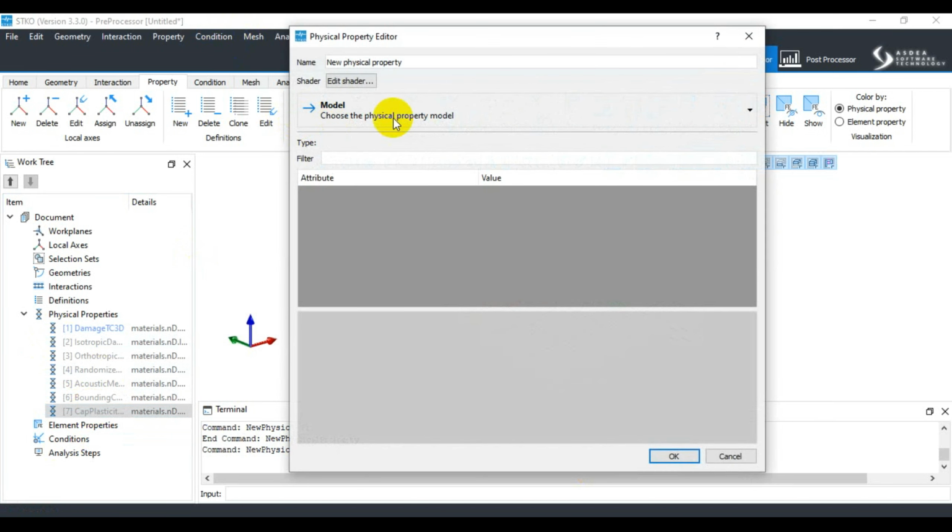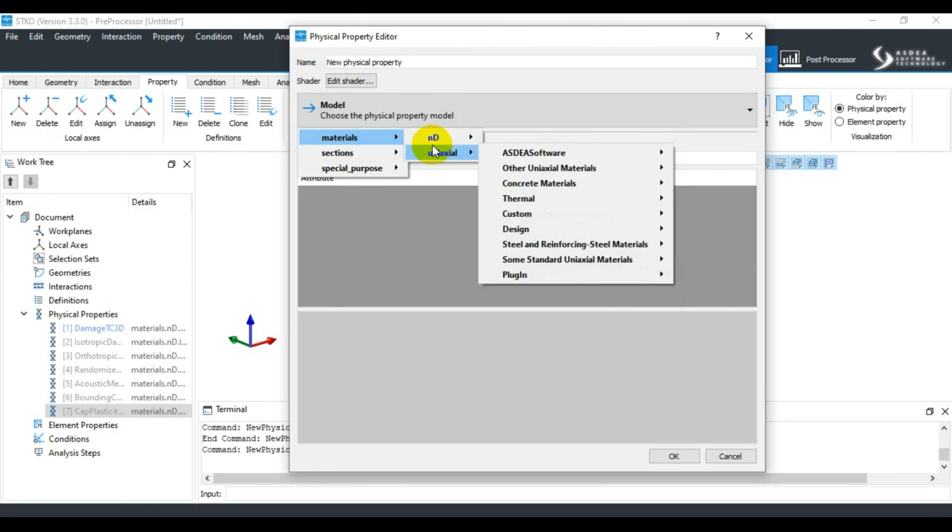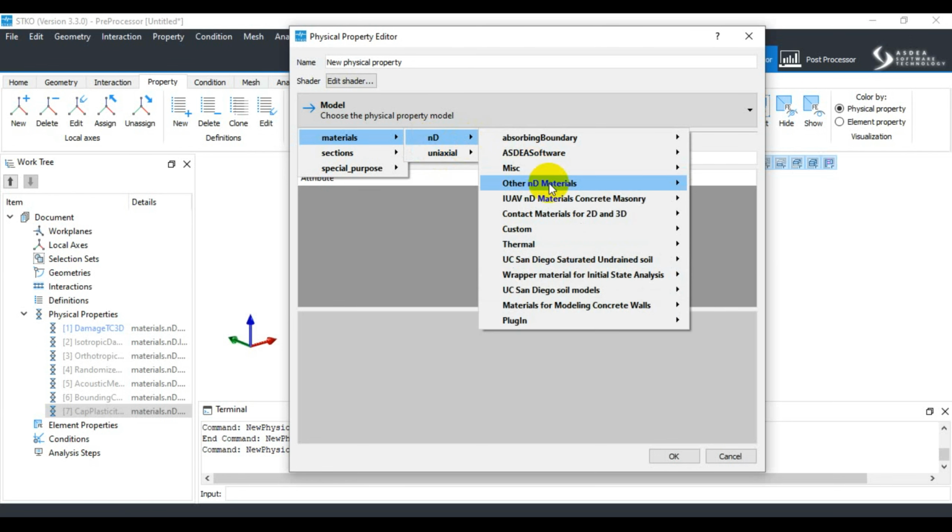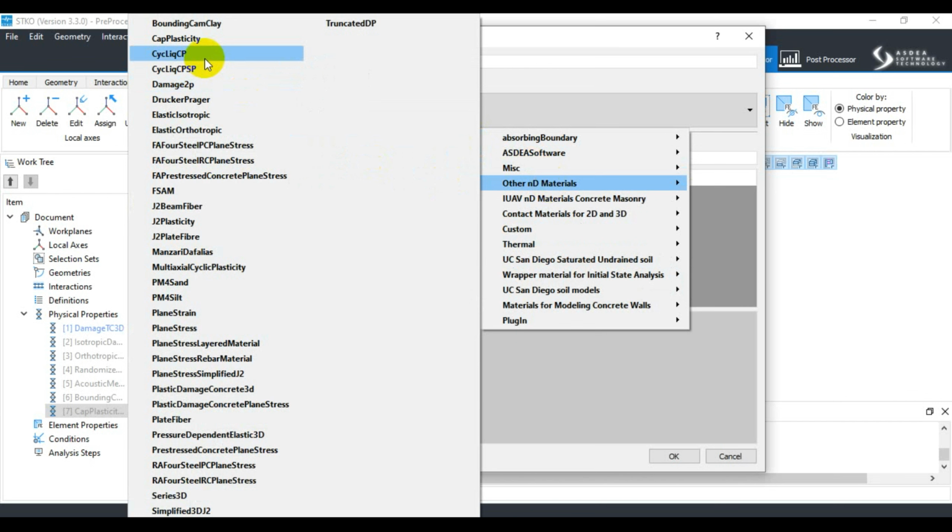Then we have these other ND materials. These are cyclic liquefaction CP, cyclic liquefaction CPSP, and then damage 2P. So then we have this Drucker-Prager model.